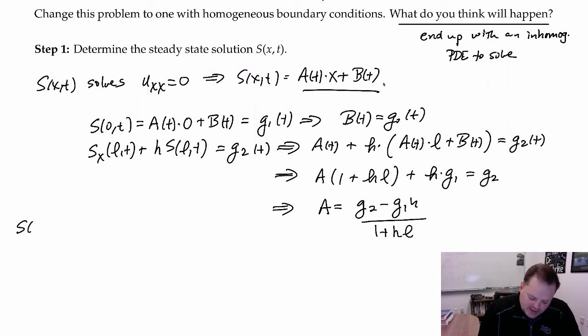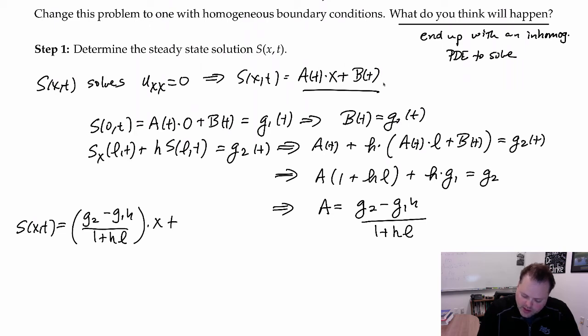So my steady state for this problem is g2 minus g1h over 1 plus hl times x plus, let's see, b of t here is g2 of t.